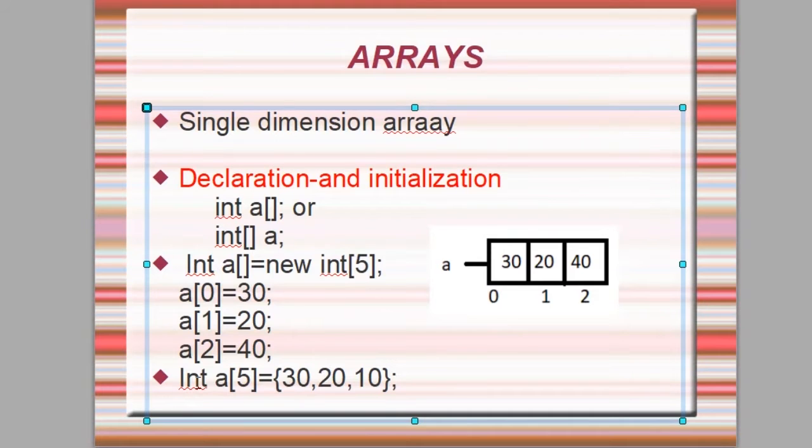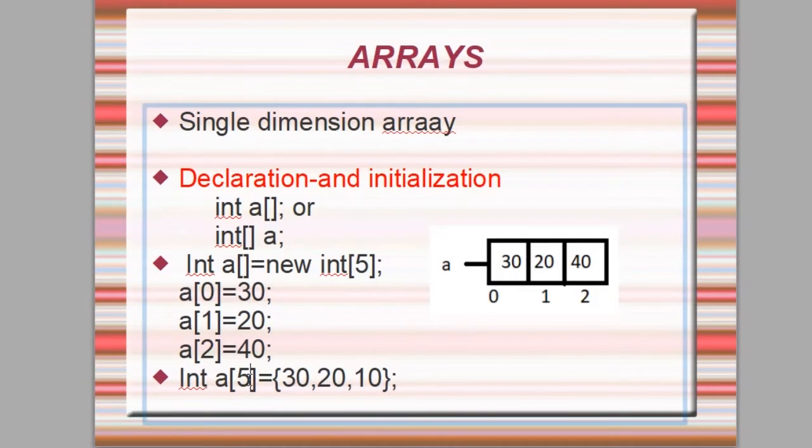Or else we can do it directly like this: int a equal 30, 20 and 10. This is the way we can declare also. Here there is no need of giving a size. Let us see this with an example.